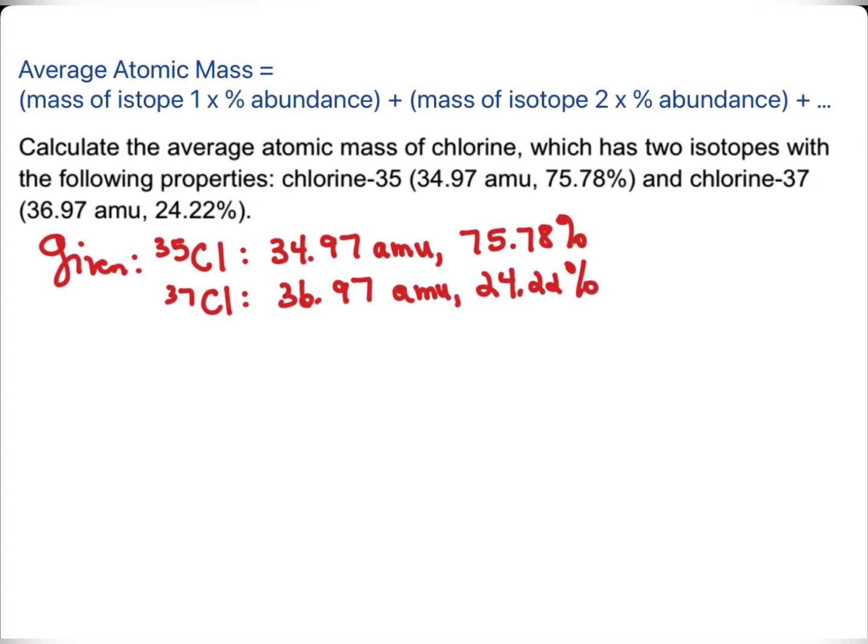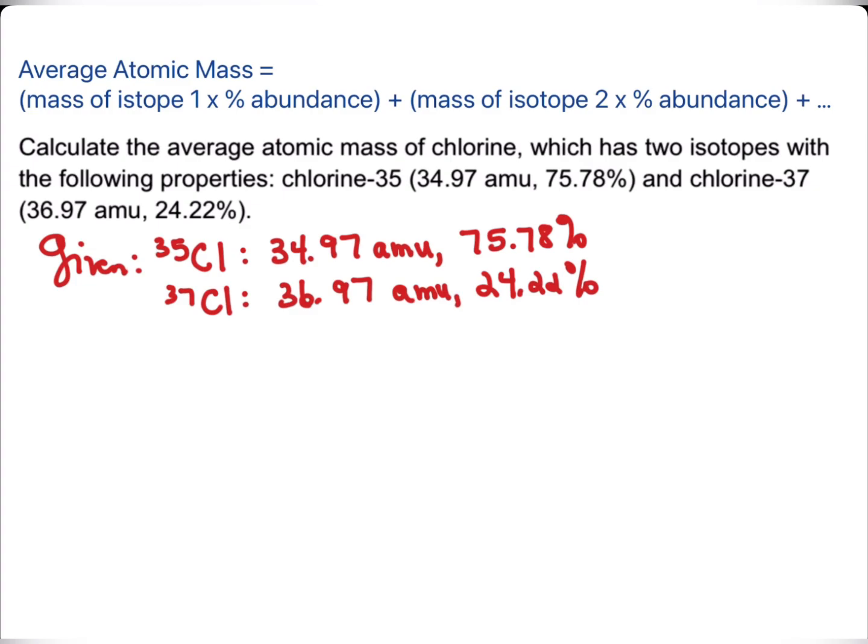The first thing you want to notice is that the percent abundances of all of the isotopes should equal 100%. So 75.78% plus 24.22% equals 100. Once you have your given, you can now use the formula.